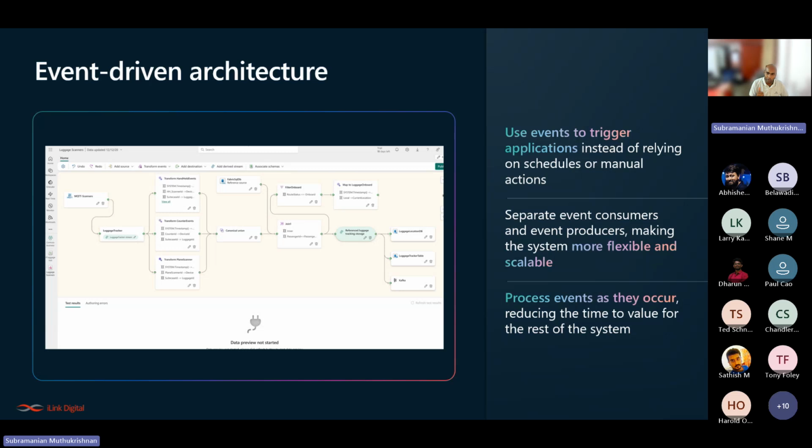There are three advantages to this approach. The first is that you use events to trigger the applications instead of manually scheduling them in a cadence. Second, you separate the event consumers and event producers, making the system more flexible and scalable. Third, as you process events as they occur, it dramatically reduces time to value for the rest of your system.